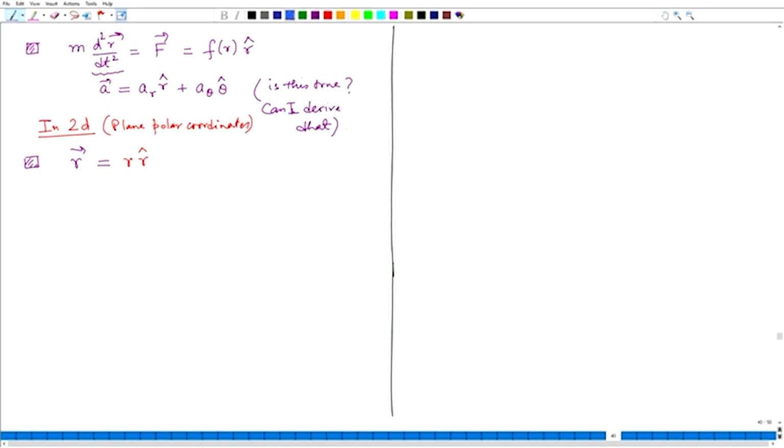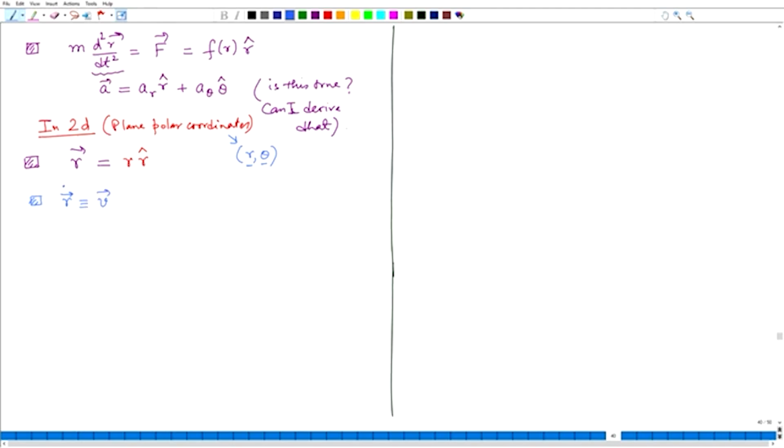Now, since this is plane polar coordinates, the only meaningful variables are r and theta. So, if any vector changes, then it should change due to these two coordinates r and theta. Now, I will try to calculate the velocity vector and the acceleration vector in this system. So, what will be r vector dot? This is actually the velocity vector.